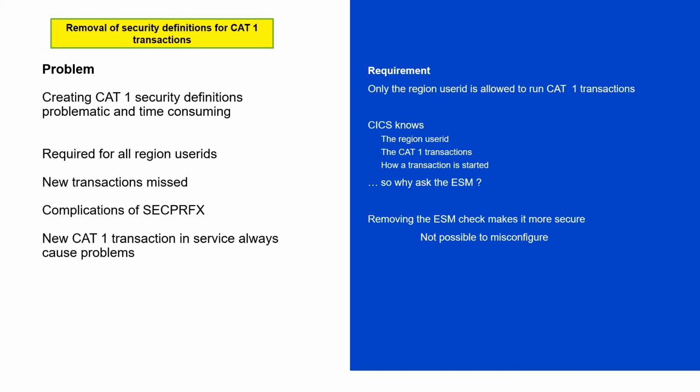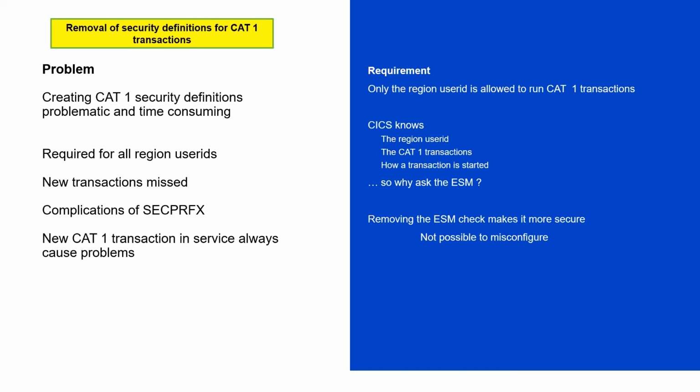And the purpose of the security definitions associated with category 1 transactions is to ensure that only region user IDs are allowed to access those transactions. If you misconfigure it, it means end users could use category 1 transactions, which may have detrimental results on the CICS region they're typing on.